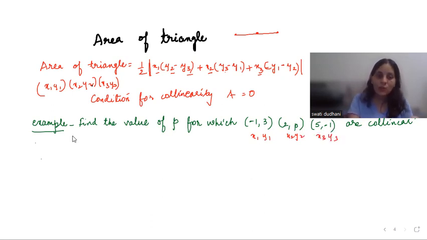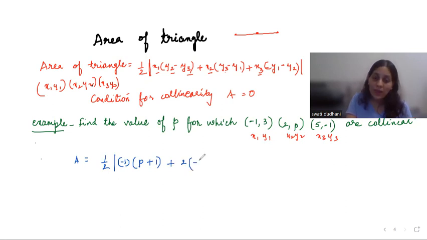Now using the formula, area is equal to half modulus x1 into (y2 minus y3), which is p minus (minus 1), that gives p plus 1, plus x2 into (y3 minus y1), plus x3, which is 5, into (y1 minus y2). Modulus close. Now, since the area of the triangle is 0, 0 is equal to half.